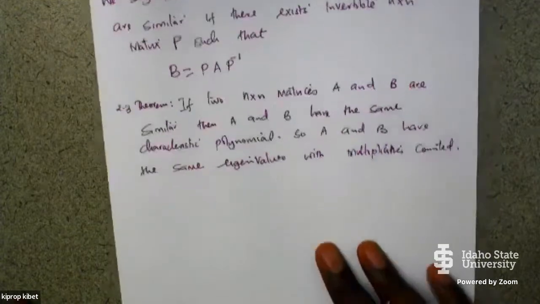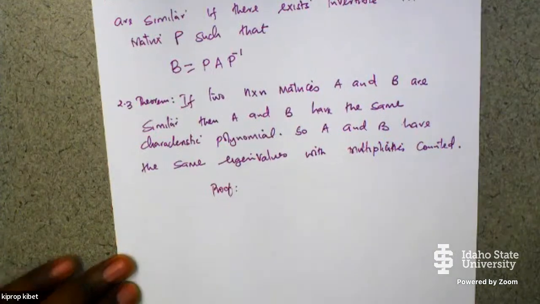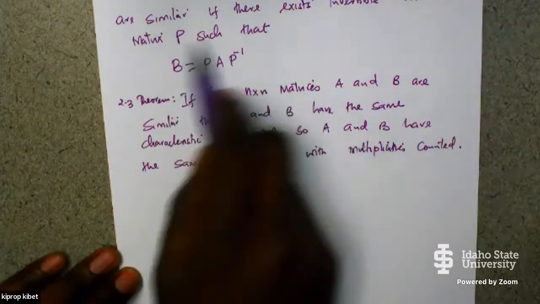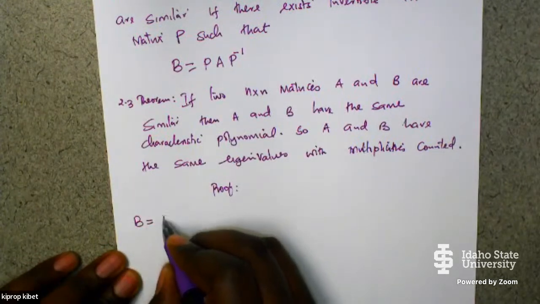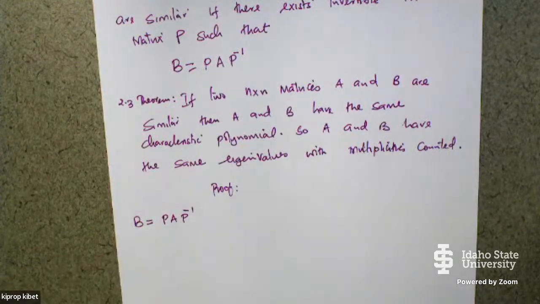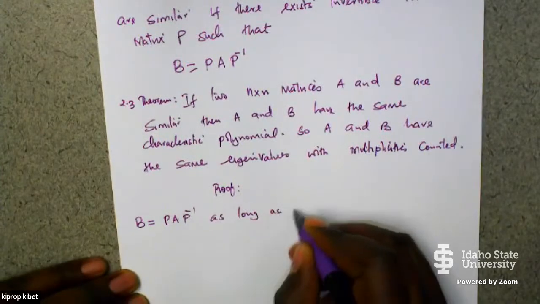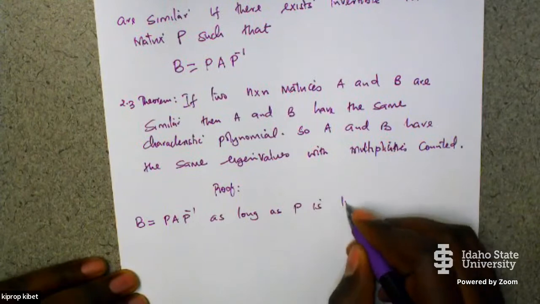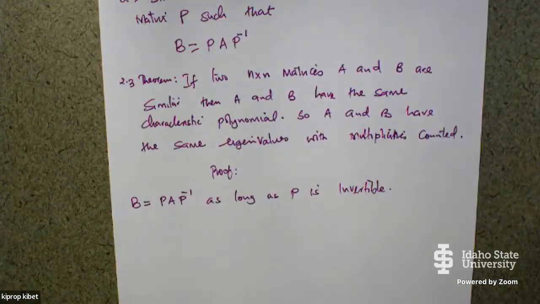So we can briefly prove this. We say that these matrices are similar if B is equal to P A P inverse, as long as P is invertible.